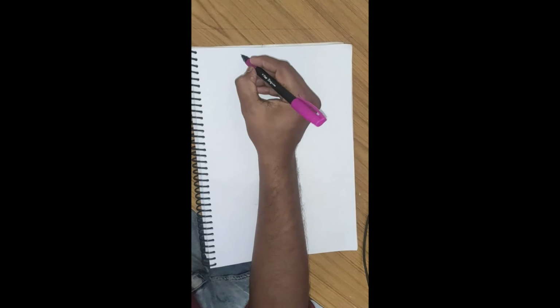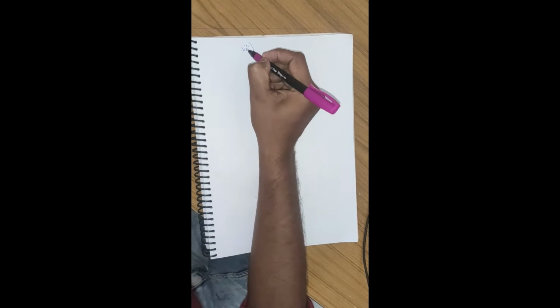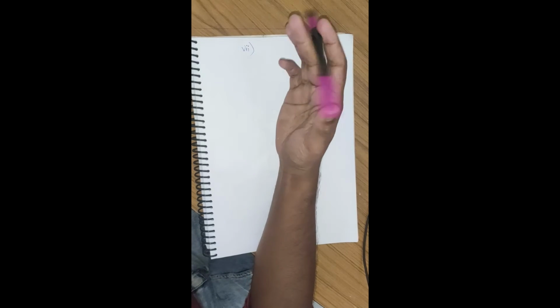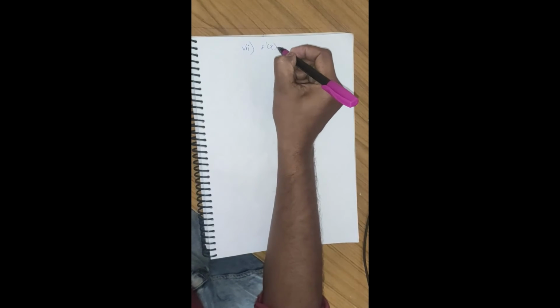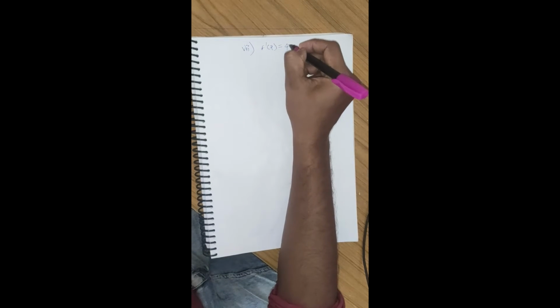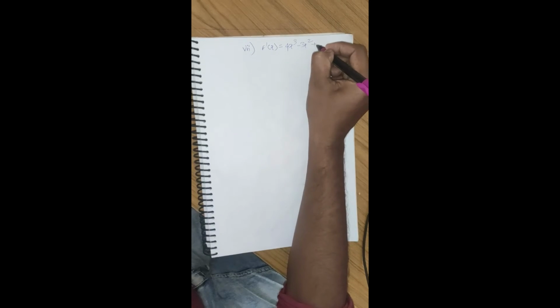Let's take the next one. Next one is the 7th problem. So f dash of x again is given. F dash of x is equal to 4x cube minus 3x square plus 2x plus k.